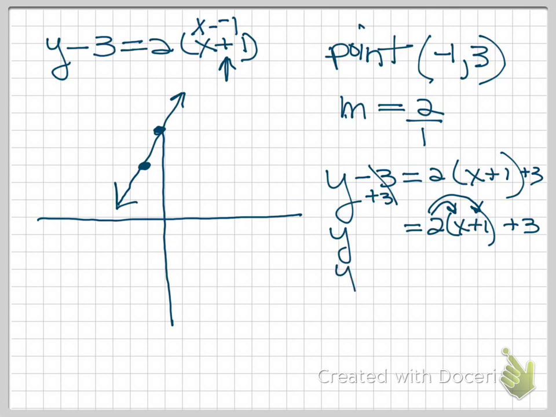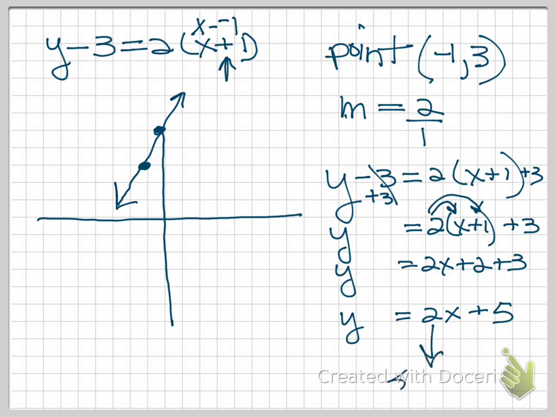So y equals 2x plus 2 plus 3, which results in y equaling 2x plus 5. So what do I now know?